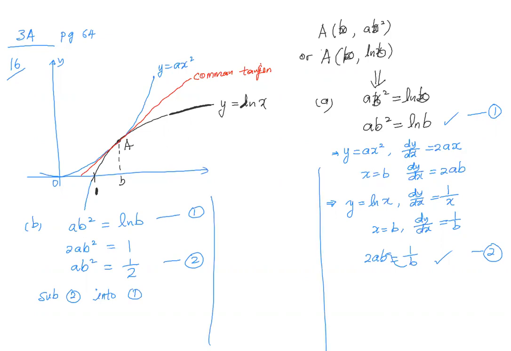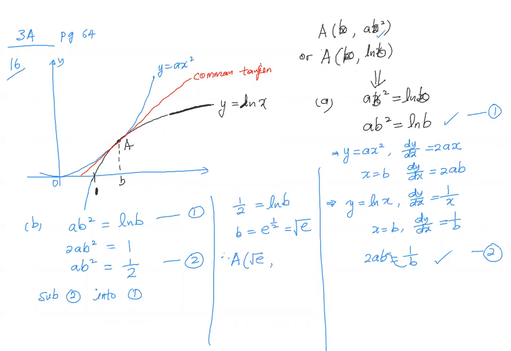Okay, so I have half equal to ln b. So I got the answer already. So my b will be equal to e to the power half, which is square root of e. So therefore, you want to deduce the point of contact, all right? So the point of contact is point A, am I right? So it's square root of e.